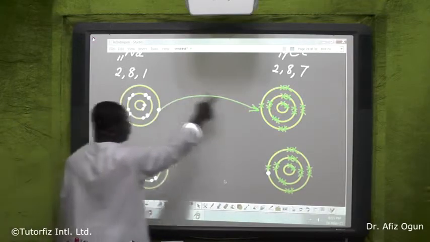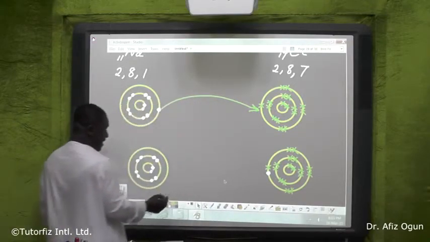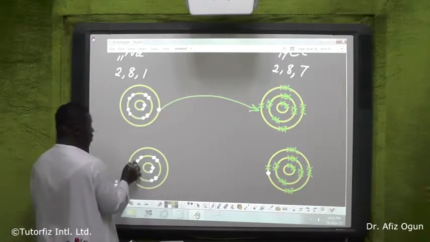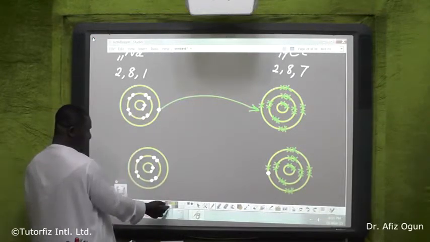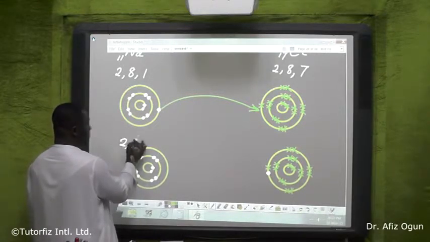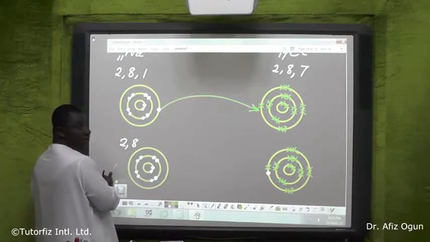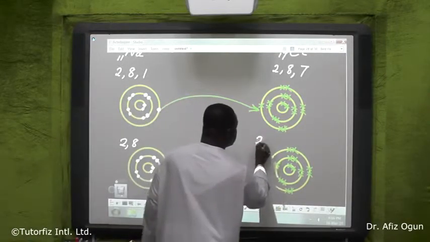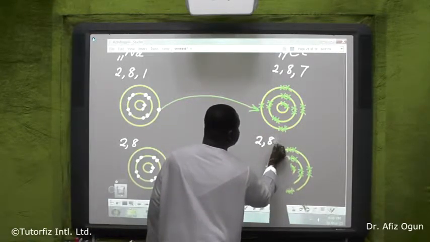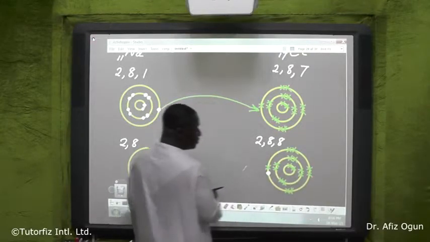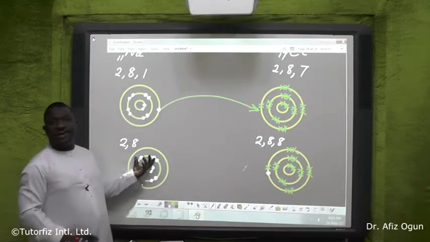Initially, this was 2,8,1, this was 2,8,7, and now this becomes 2,8, just like neon, and this one becomes 2,8,8, just like argon.